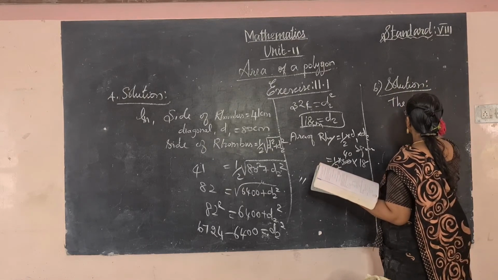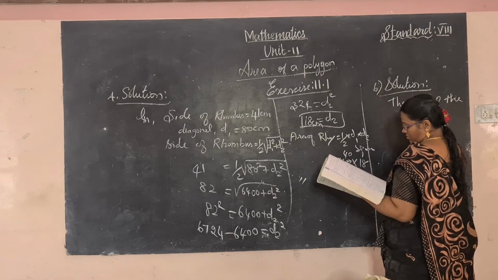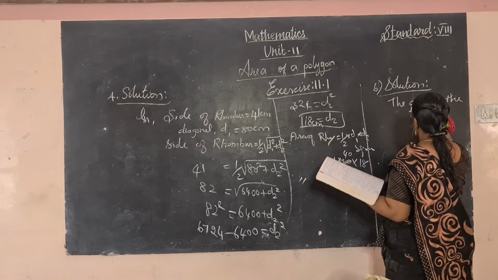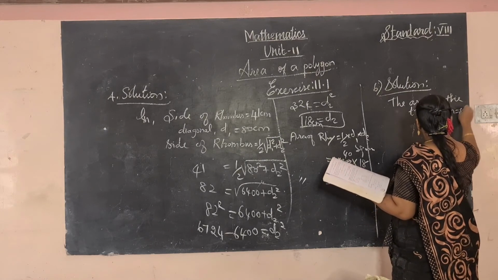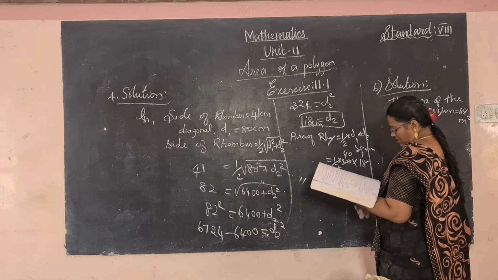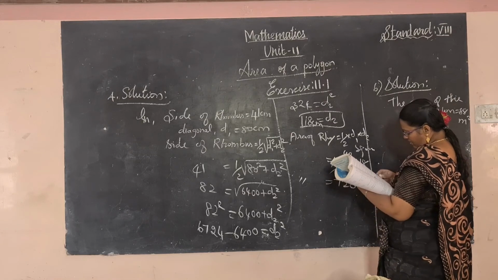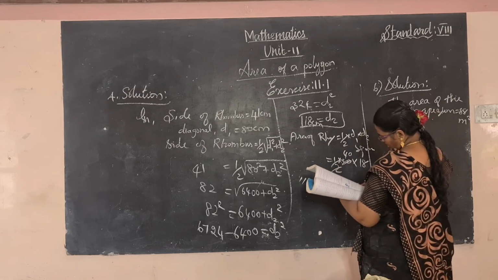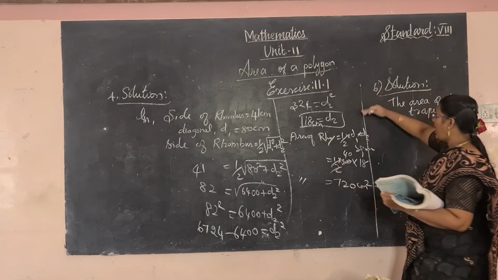The area of the trapezium is equal to 88 meter square. And the distance between two parallel lines, so the distance between two parallel lines is the height.